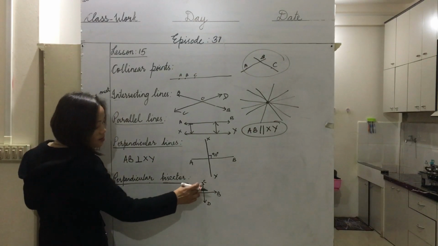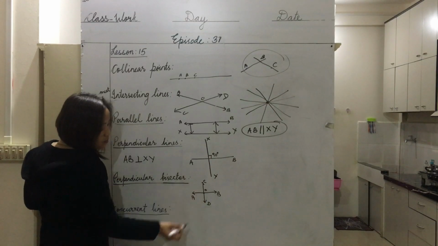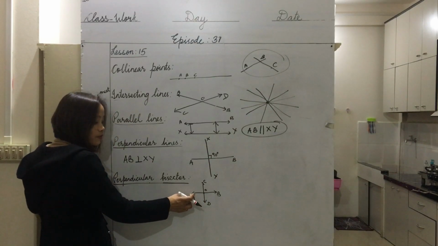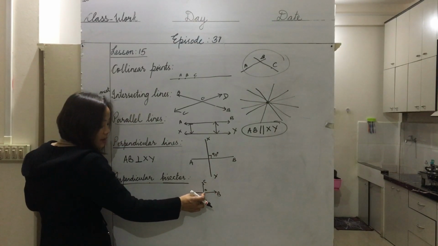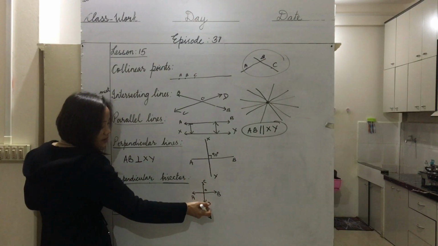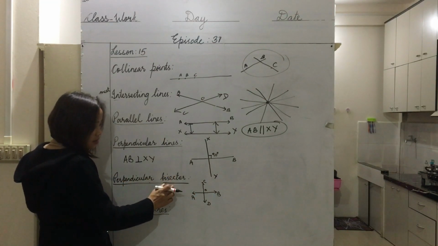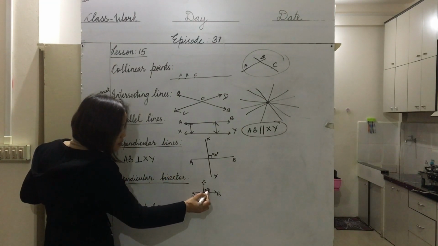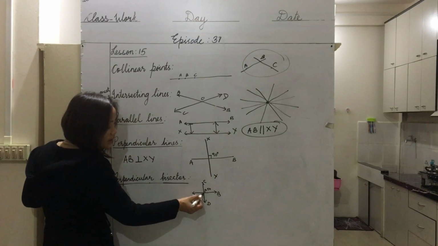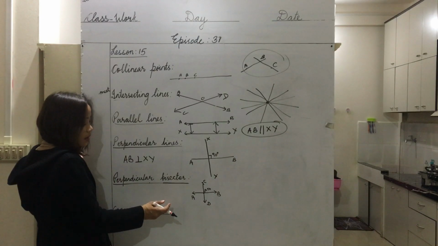And this CD is perpendicular to AB at the midpoint of AB. When line CD makes 90-degree with AB and cuts AB into two equal halves, it is called the perpendicular bisector.